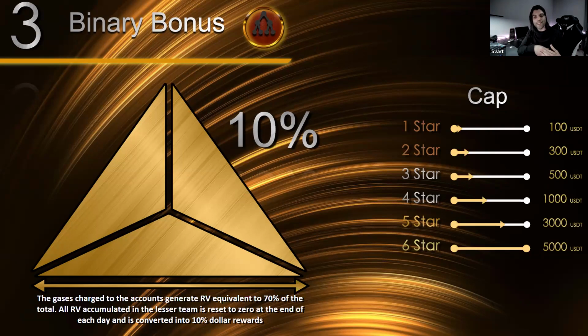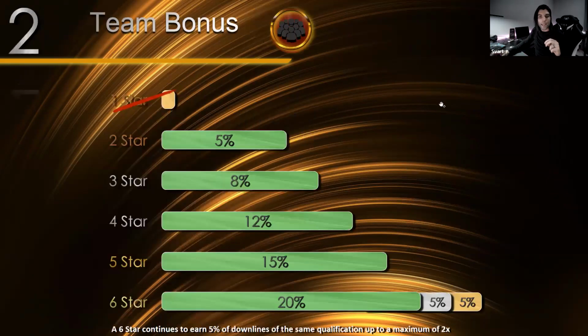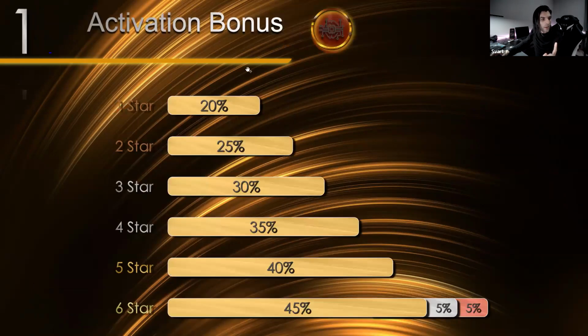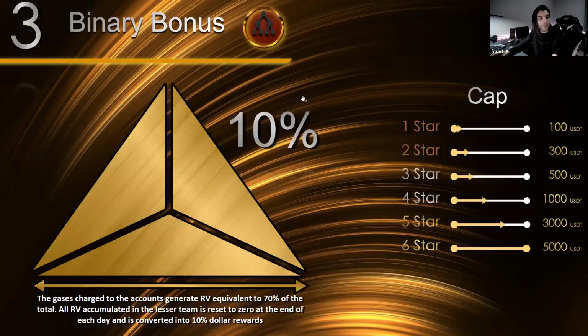So I also have a different network tree, a binary, from which I can earn for every gas recharged in the prepaid wallet that I told you before. So the gas recharge pays two different bonuses, the team bonus in the same way that we see in the activation bonus, and the binary bonus calculated at the same time. So this is an overview, of course, of the Quantum X project.